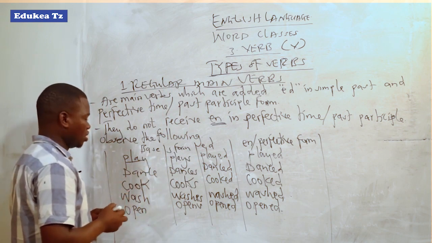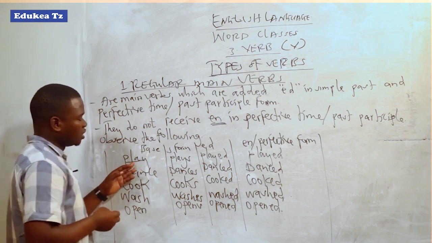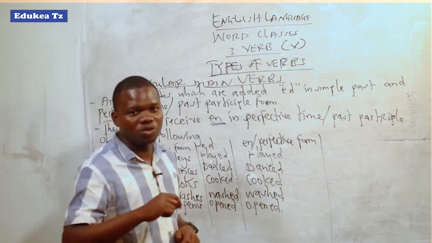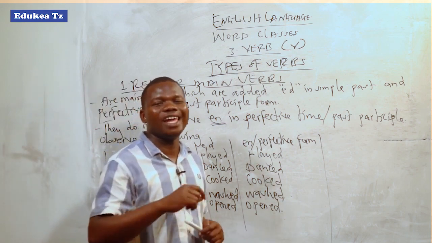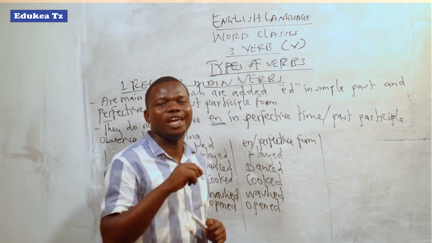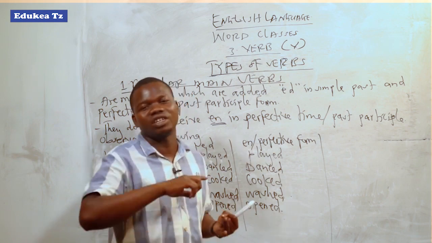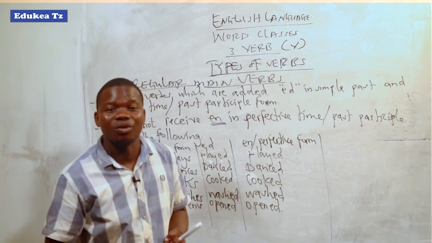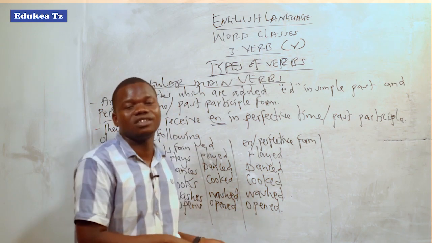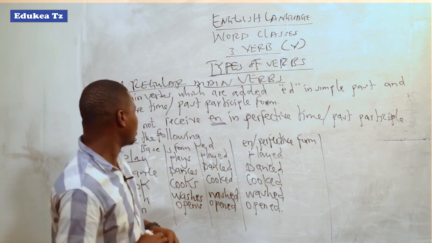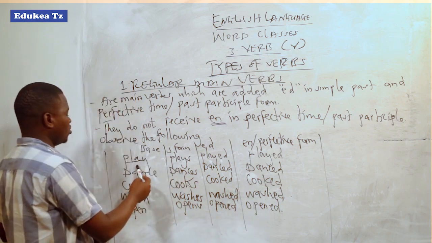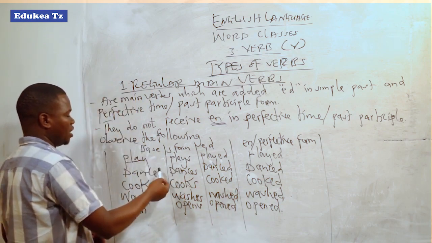In Kiswahili, we could say this is mzizi wa neno, a root of a word, before any attachment or addition, whether it is kiambishi awali or kiambishi tamati, whether it is a prefix or suffix. So this word play can now receive attachments.